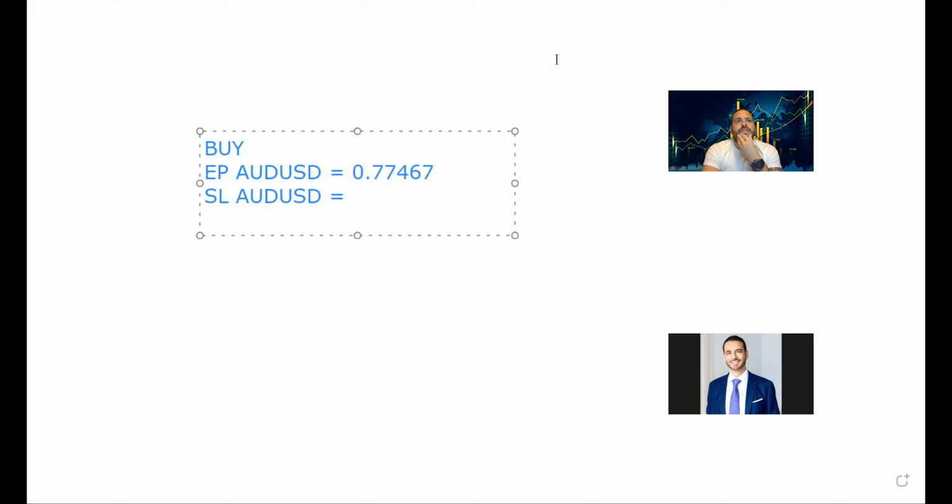So 7731. Correct. If you want to be even more precise, it would be 77317, right? Because we completely ignore the pipette, but we bring it back when we take the trade.